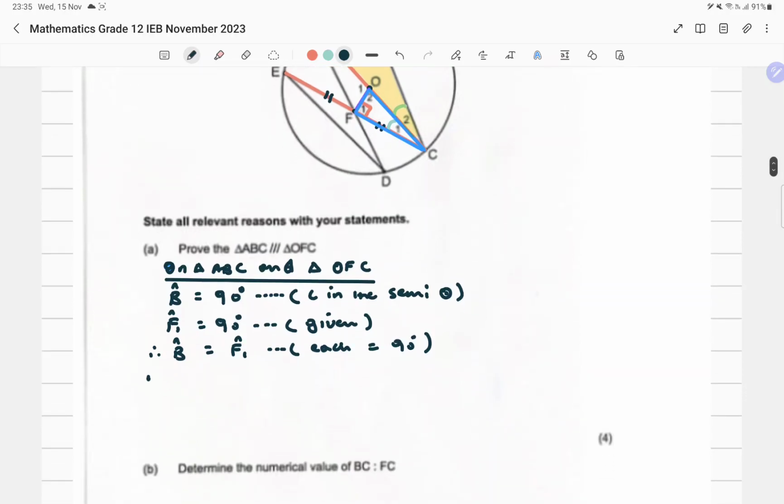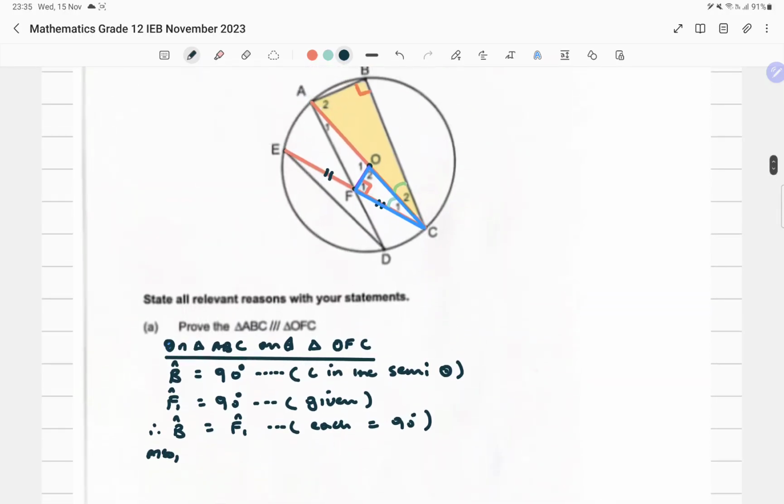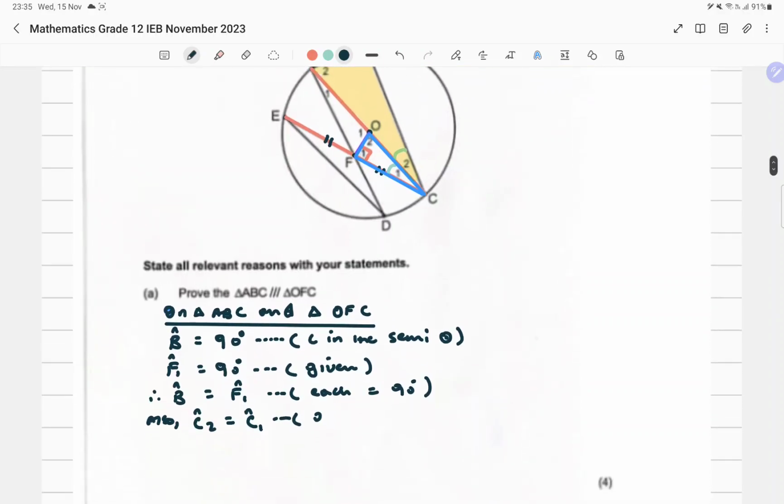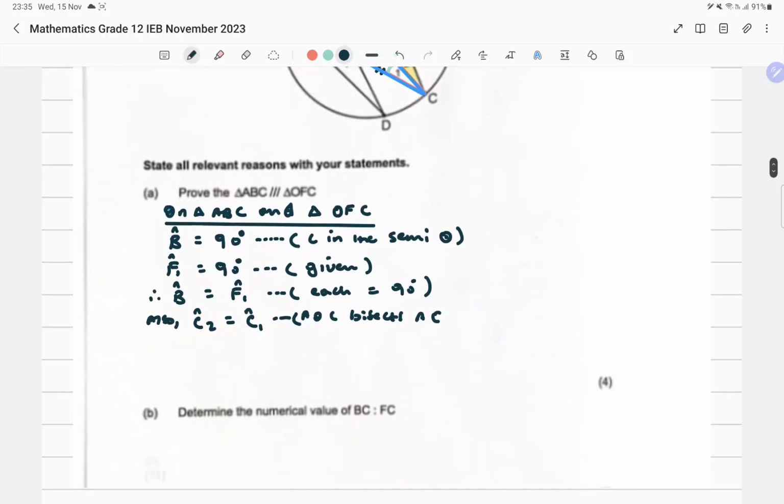You can say also, what do we know? We know that angle C2 from the other one is equal to angle C1. We were told that AOC bisects BCE.